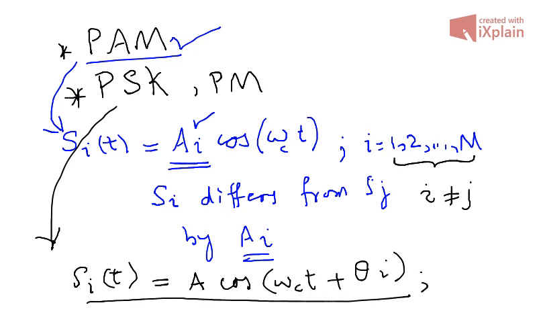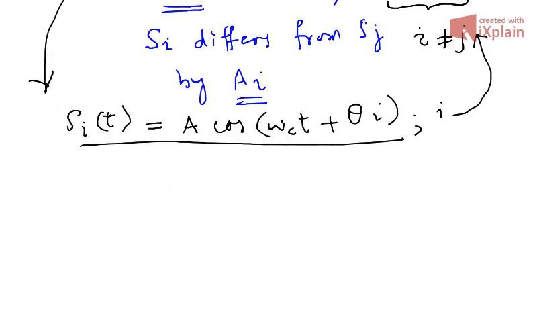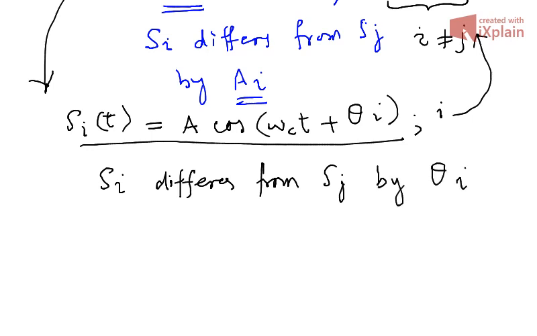Again, your i is the same as given above, from 1 to capital M. So you have an M-ary PSK modulated signal, and each S_i differs from S_j by the angle theta.